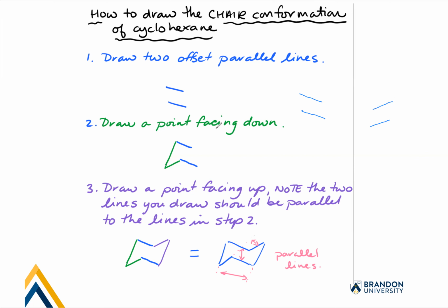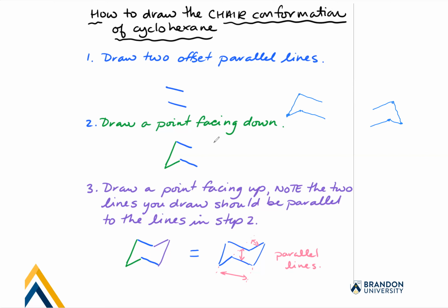Then, in this chair here, we'll draw a point facing down. A way to check this is, once you've done this part, if this is a low carbon, you should have 2 peaks, 1, 2. So over here, this would be the high end. And so we want a carbon pointing straight down. So it'd be like there and there. I can tell right away that this chair on the right is going to be a bit ugly, but that's okay.